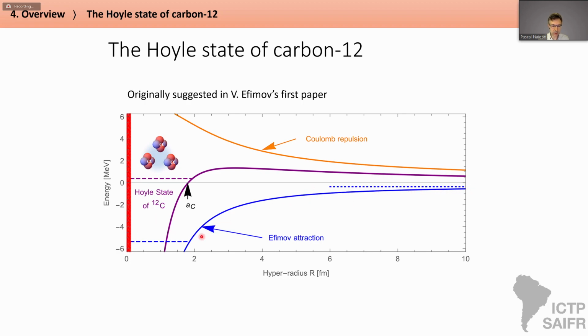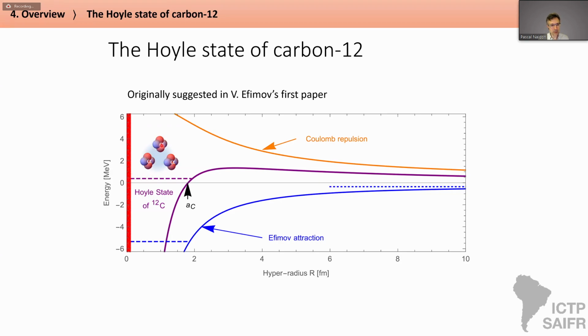As you remember, this 1/r² potential is not well defined if we do not impose some physical boundary condition at short distance. And this condition turns out to occur at a very small hyperradius that is actually smaller than the physical range of the nuclear force. Of course, that's not impossible, but it seems quite unlikely that the nuclear interaction can create this kind of boundary condition.